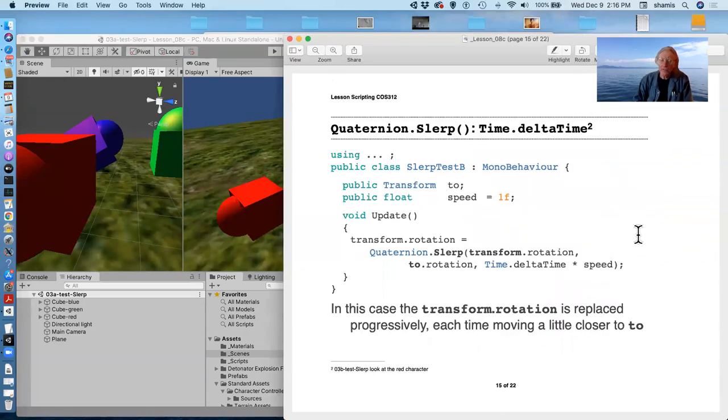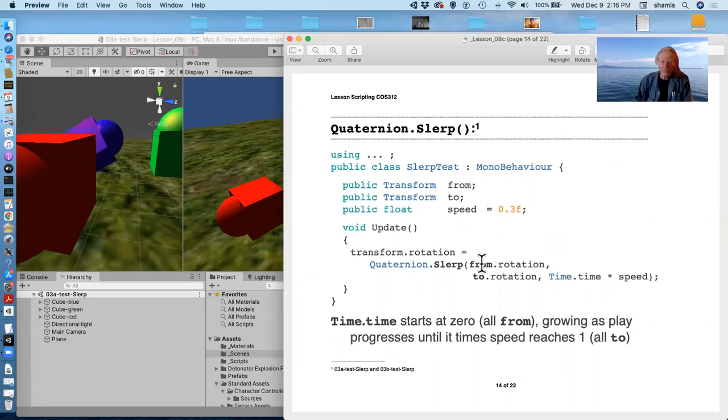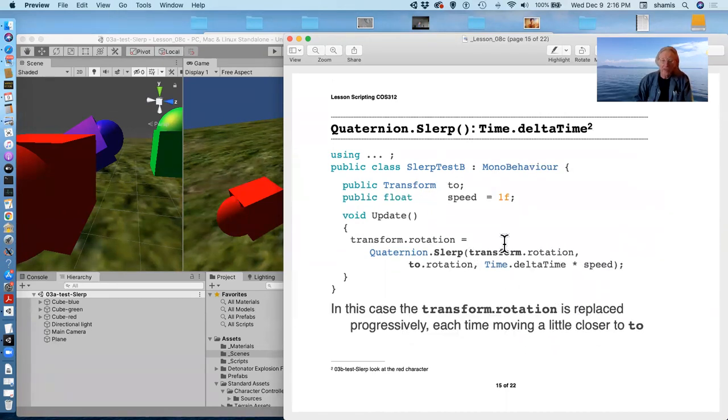Another way to do this is where we have a from and a to rotation and a time that is increasing. Of course, the problem is the time. If you were to start this at some time other than 0, this would already be at the to rotation. So another way to do this is to take the object's rotation as the from and move it towards the to by Time.deltaTime times speed.